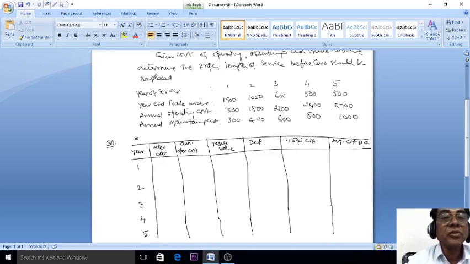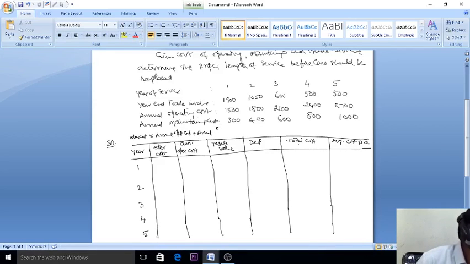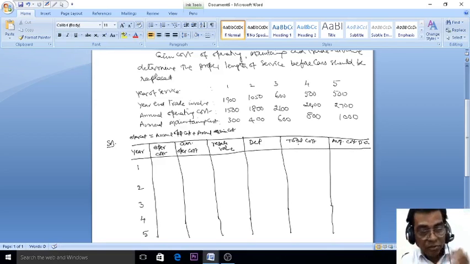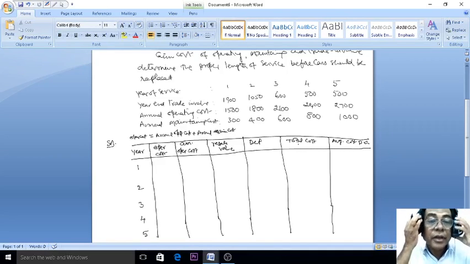But here the solution is: operating cost equals annual operating cost plus annual maintenance cost. So come to the point, operating cost.